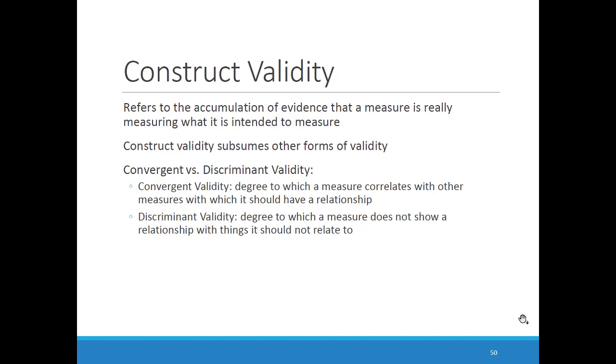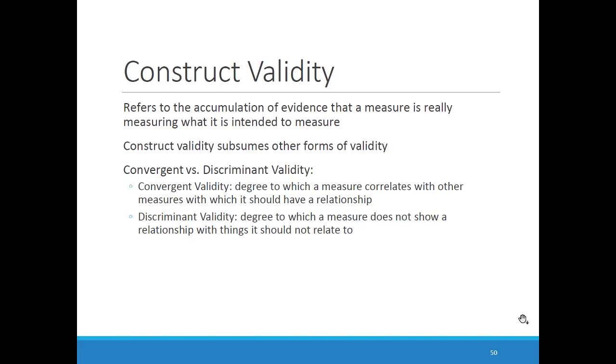In IO psychology research, we know that the personality variable of conscientiousness strongly predicts job performance. So we could look at the relationship between our measure of conscientiousness and our measure of job performance, and if we're not seeing that, then that might bring our convergent validity into question.